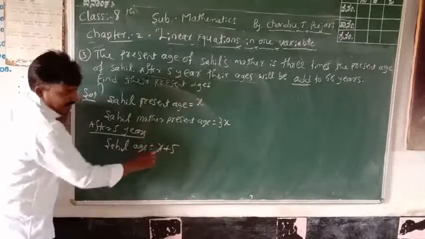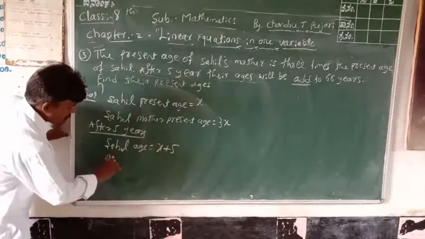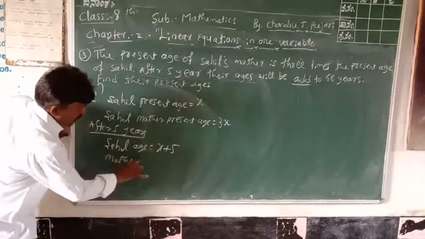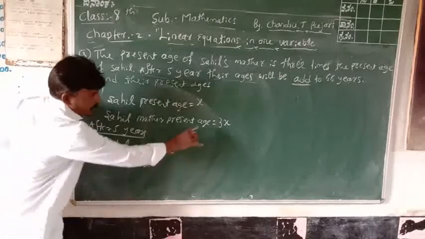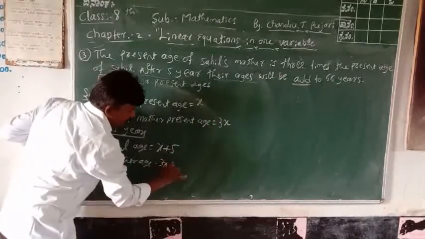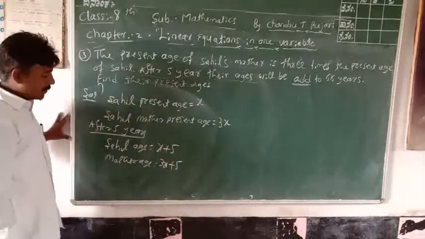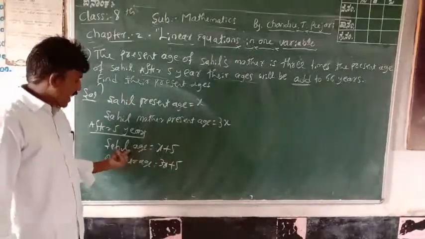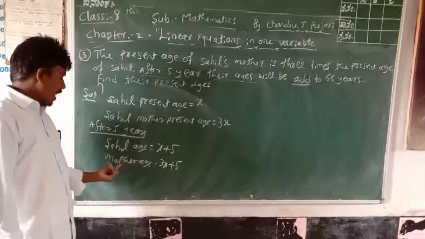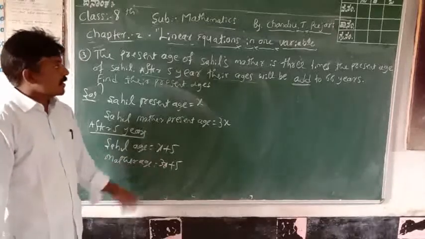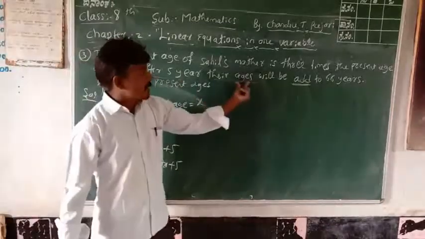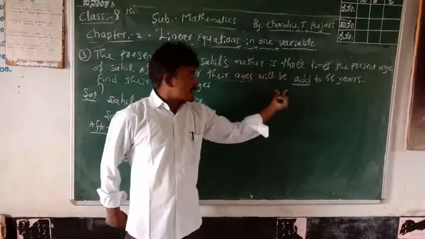After 5 means x plus 5. Next, mother's present age is 3x, and after 5 you add 5. Therefore after 5 years Sahil's age is x plus 5 and mother's age is 3x plus 5. Therefore after 5 years these two persons' ages are added.